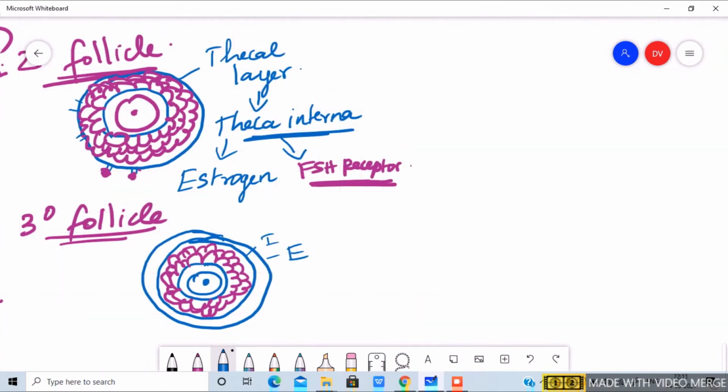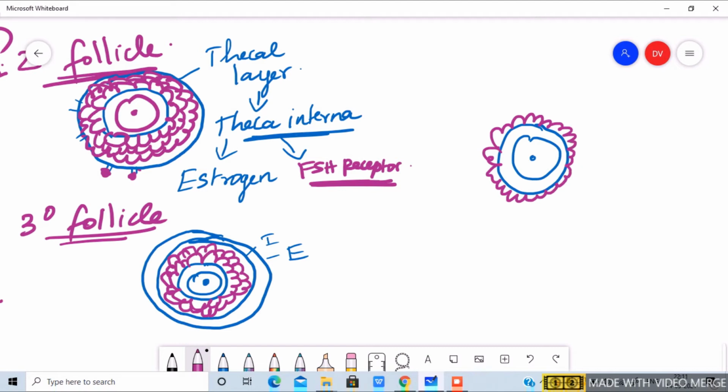separately. Listen, guys, this is the egg cell surrounded by zona pellucida and then the granulosa layer. There will be some cavities forming in the granulosa cells. There will be some gaps like this. I'll tell you what those cavities are. I'll highlight it with a different color.